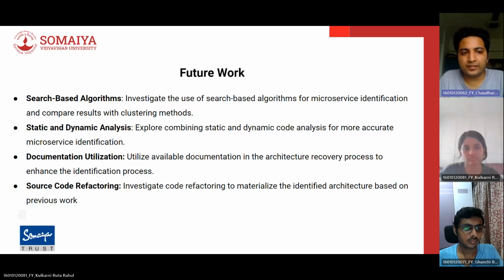Second, we can combine static and dynamic analysis, exploring static and dynamic code analysis together for more accurate microservice identification. Third is documentation utilization: available documentation can be used in the architecture recovery process to enhance the identification process. And last is source code refactoring, investigating code refactoring to materialize the identified architecture based on previous work.